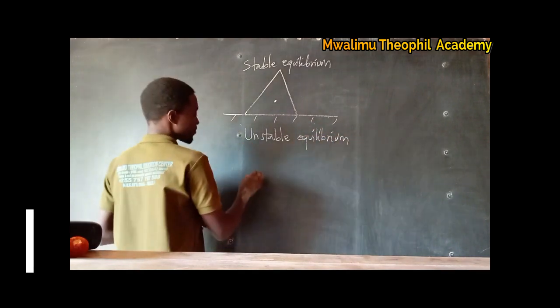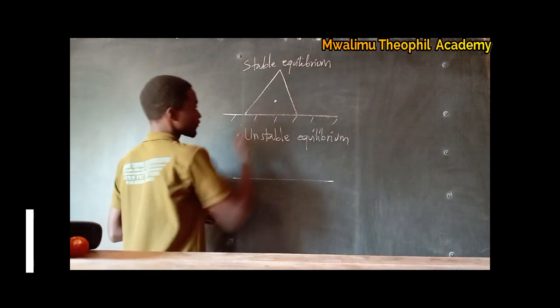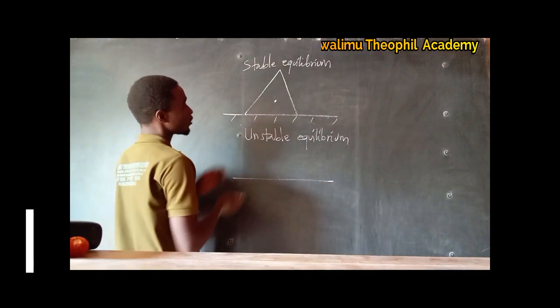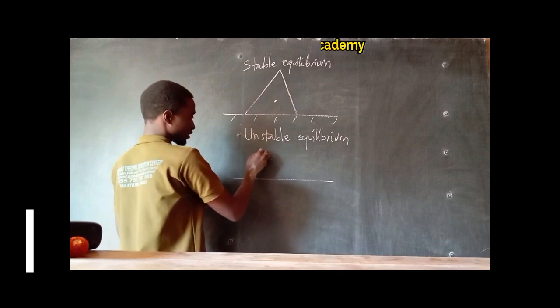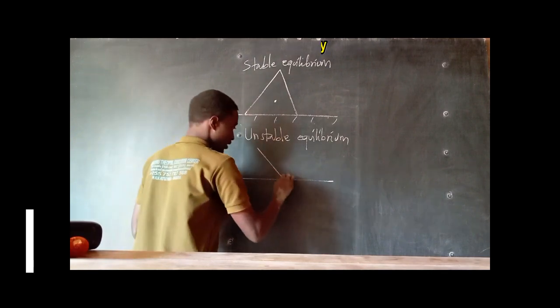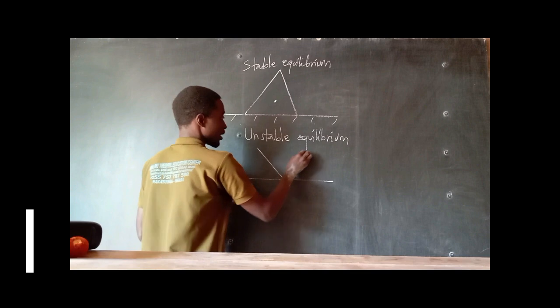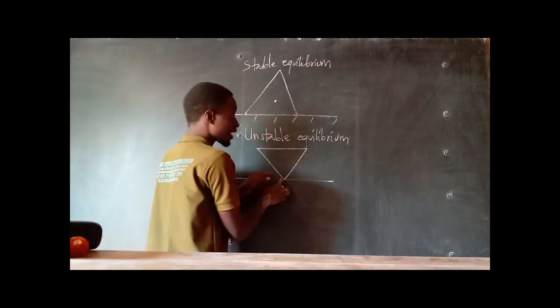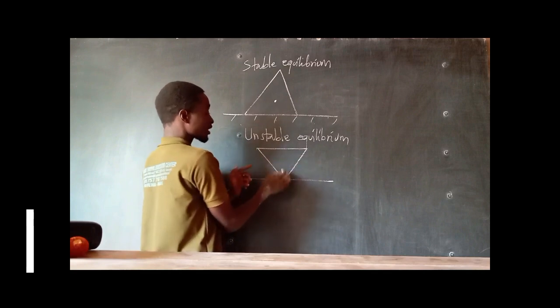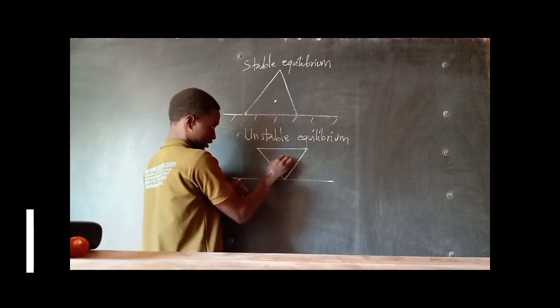For unstable equilibrium, we can reverse the first diagram whereby it will rest on the smallest surface. So if it rests on the smallest surface, it will look this way. If it rests on this pointed end, it means that in this posture, the center of gravity is raised.